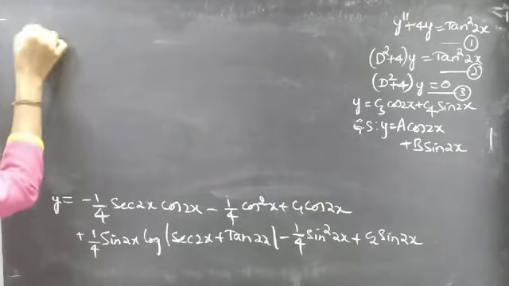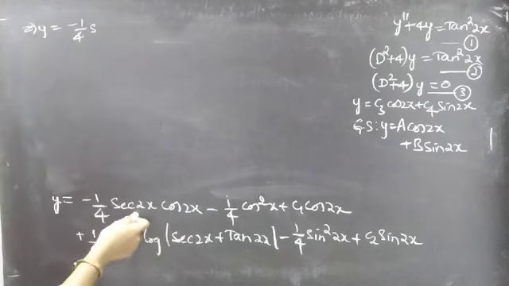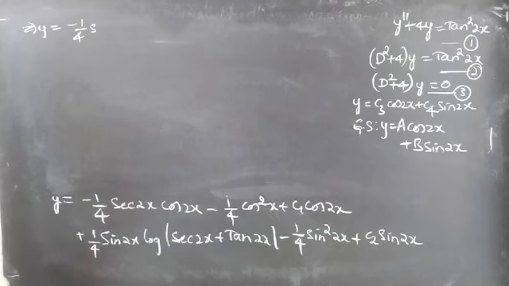Then the general solution will be y equal to 1 by 4. Here we are having secant 2x into cos 2x, right?